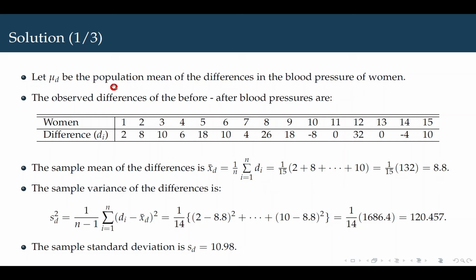Therefore, we are going to test whether mu d is significantly different from 0 or not. Similarly, the sample variance of the difference is SD square, which is just 1 over n minus 1 times the sum of the square of the deviation of each difference taken from the mean difference, and it becomes 120.457, and the sample standard deviation of the differences becomes 10.98.